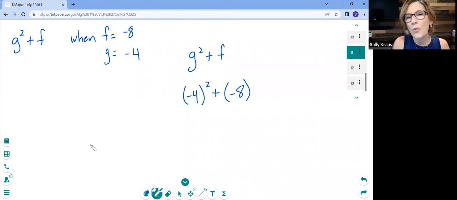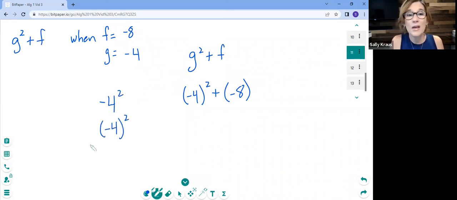-4 squared. Now, what is applied to that squaring or that exponent? Anything it touches. So that's why putting them in parentheses is so important, because there's a huge difference between this and this. May not look like it, but what is this first one? What does the exponent touch?